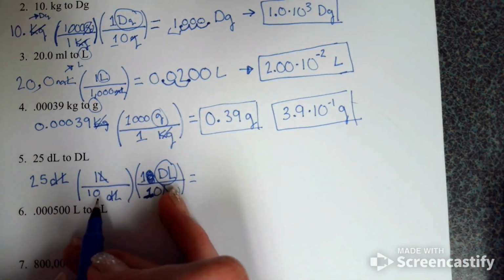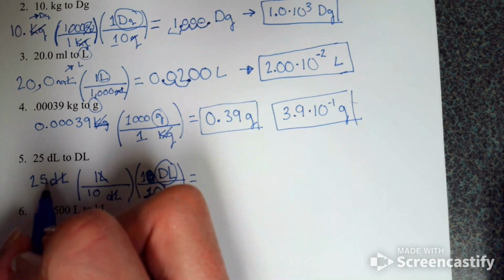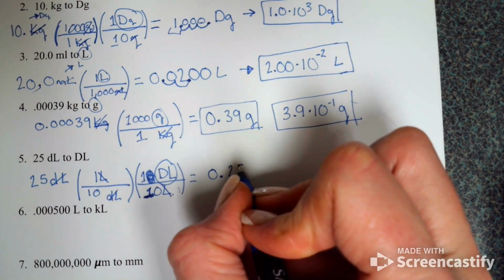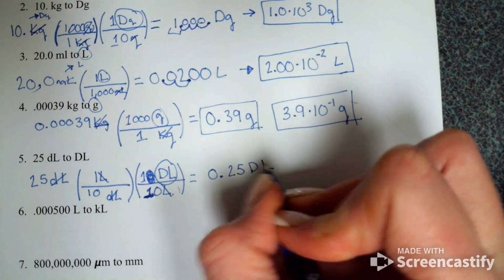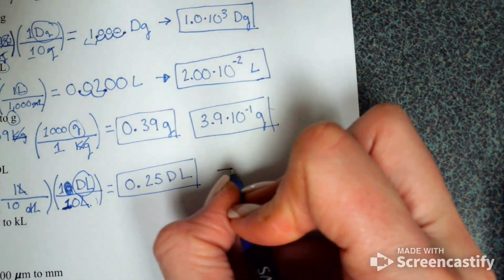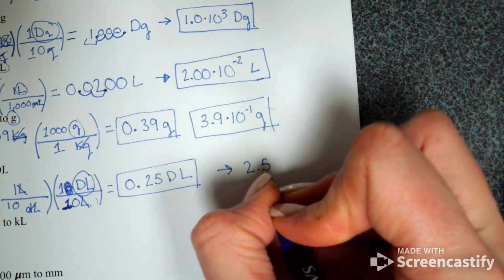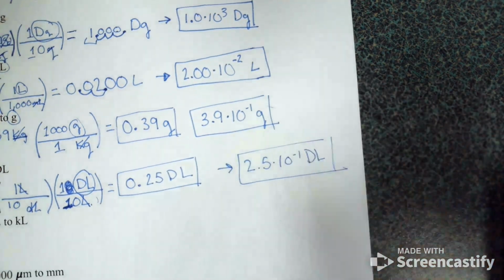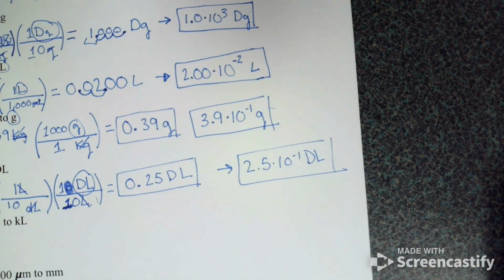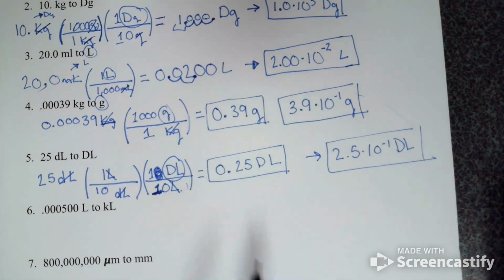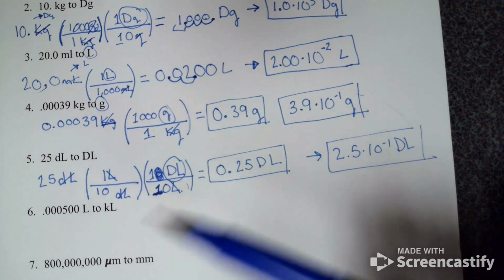So 25 divided by 10 divided by 10. So you go 1, 2. Which is also equal to 2.5 times 10 to the negative first deciliters. It's really easy to get tunnel vision when you're going in and doing all these, so just make sure that each time you step back and check that it makes sense.